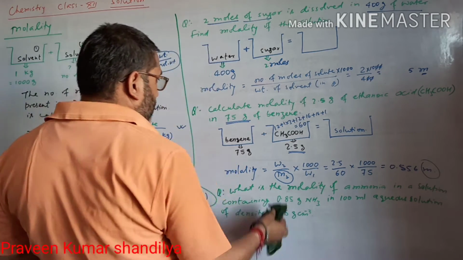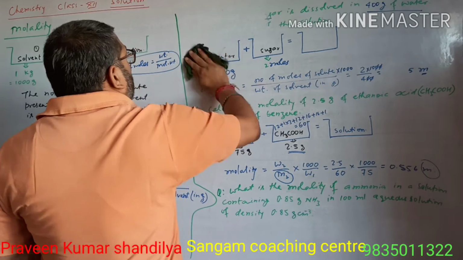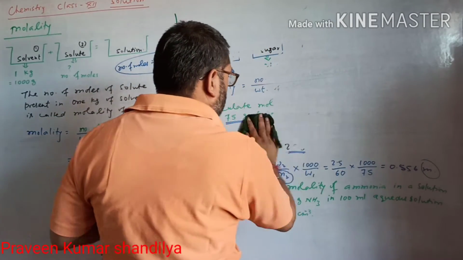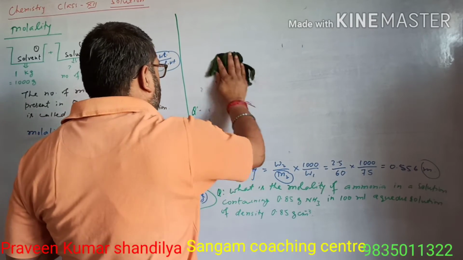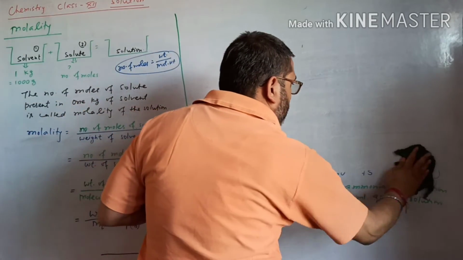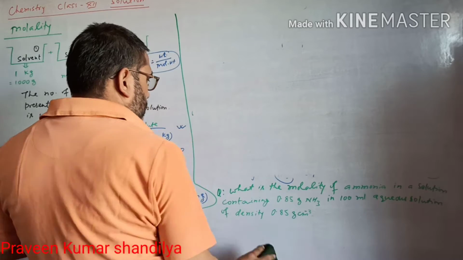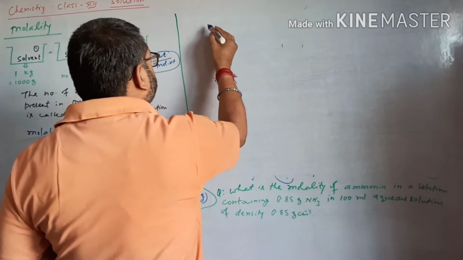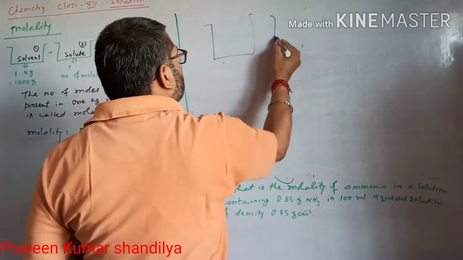We have to see another question. How can we solve this problem? What is the molality of ammonia in a solution? We have to draw.